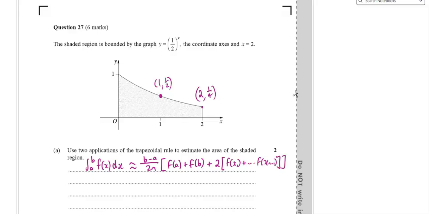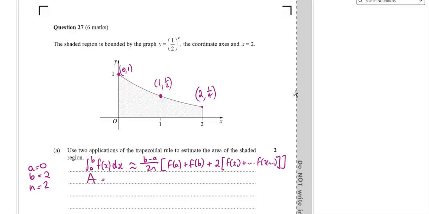Now in this case, the points we have to play with are 0, 1, 1/2 and 2, 1/4. So in this case, point A is 0, point B is 2, and we're going to do 2 applications.